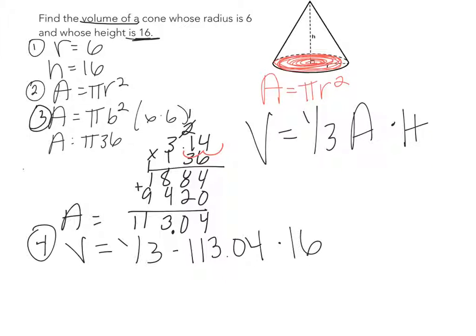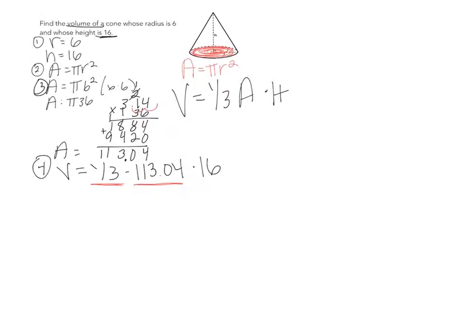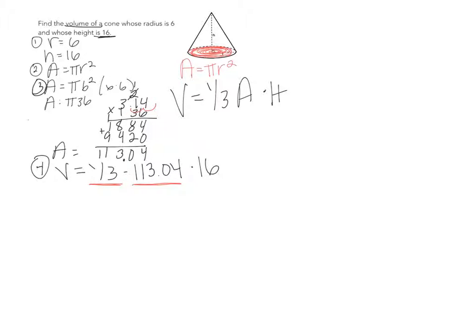So I need to solve this pretty big problem right here. I'm going to start by dividing by 3 first and getting this number smaller. Otherwise, I'm going to be dealing with big numbers, and I just don't want to do that. I want to make life easier for myself, so I'm going to divide first. Okay.